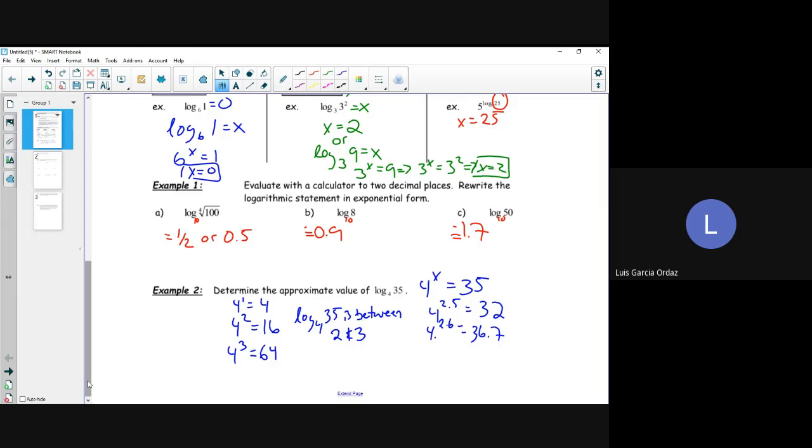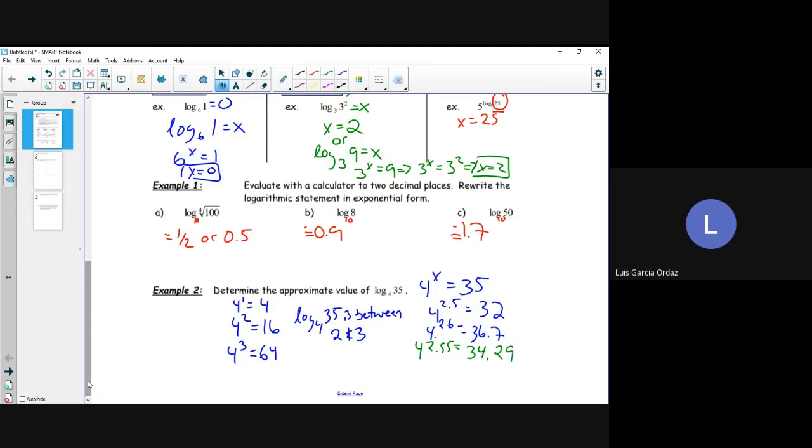So our next step is to do 4 to the power of 2.55. And what does 4 to the power of 2.55 give us? 34.29, which means we're almost there.